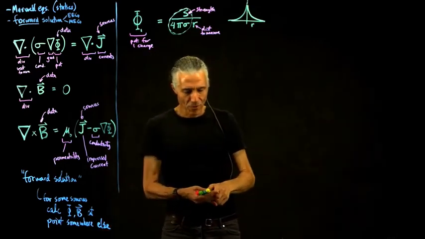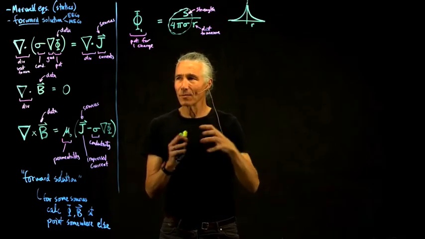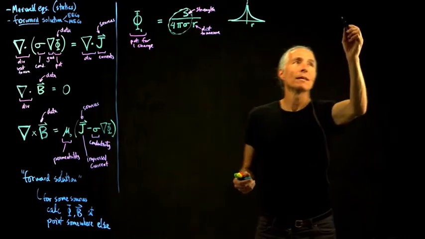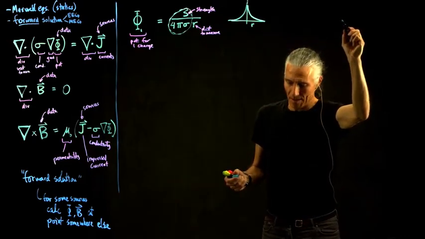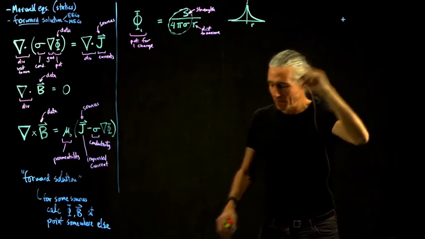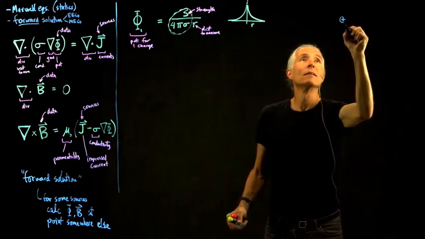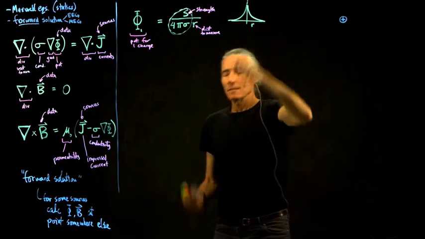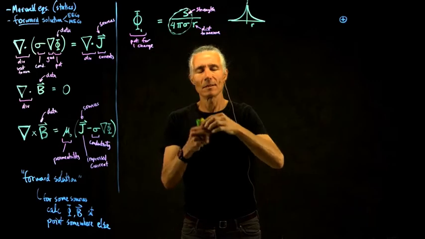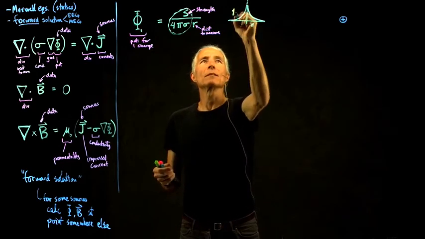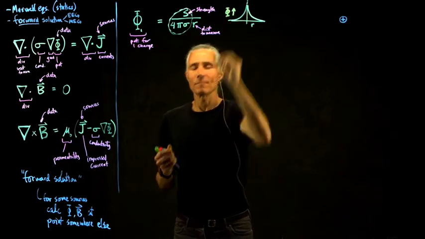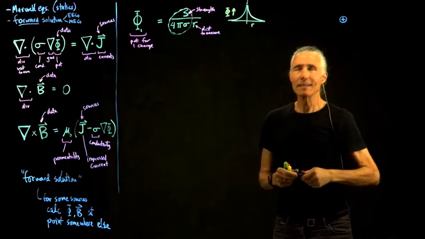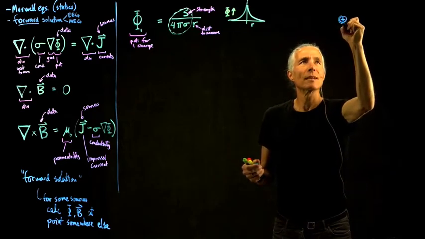So if we draw that out, in reality it's in 3D, but we could just draw it out in 2D. So if we have a plus charge here, and we draw out the potential as some contour lines, the contour line is going to be very close right next to the charge.